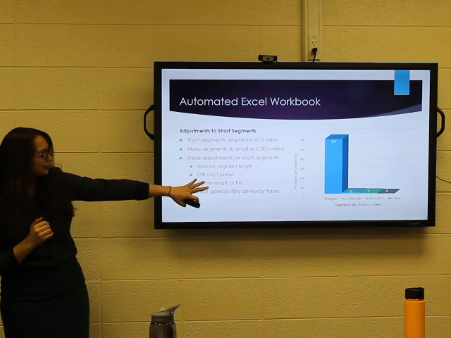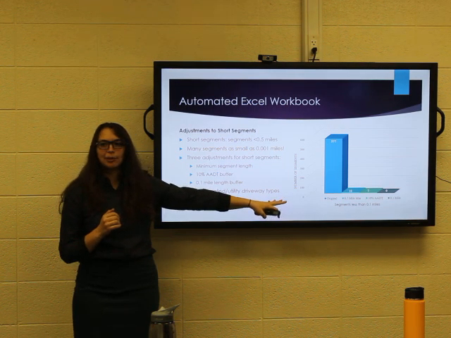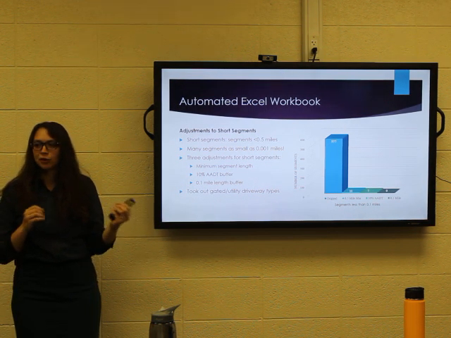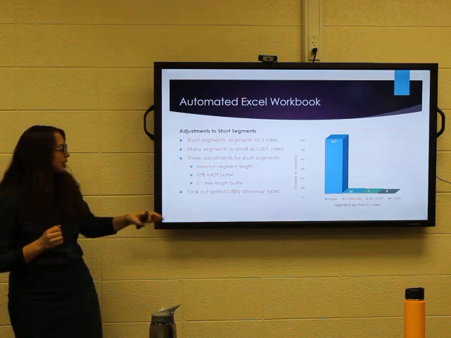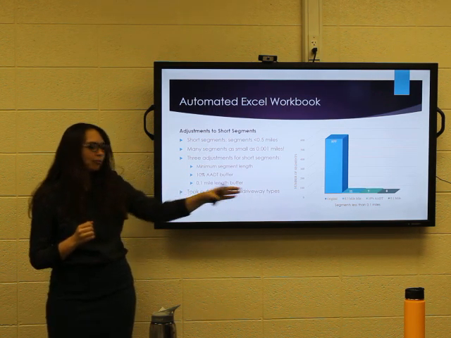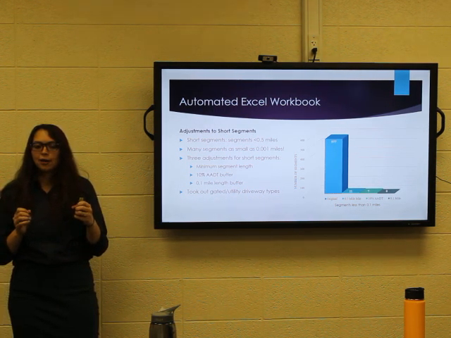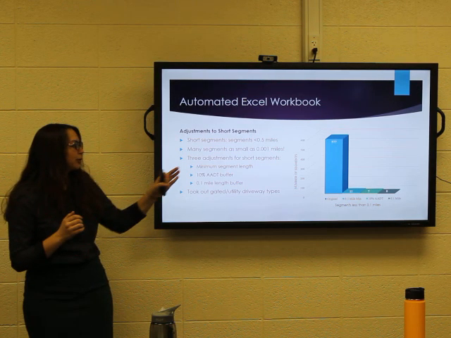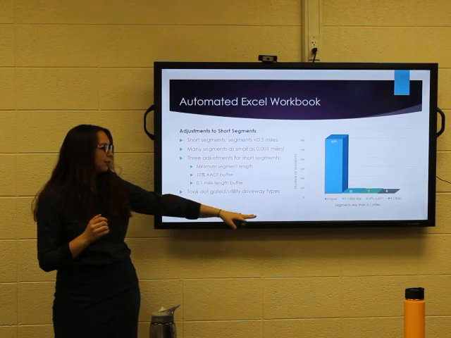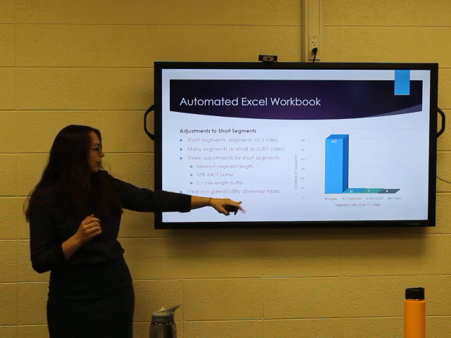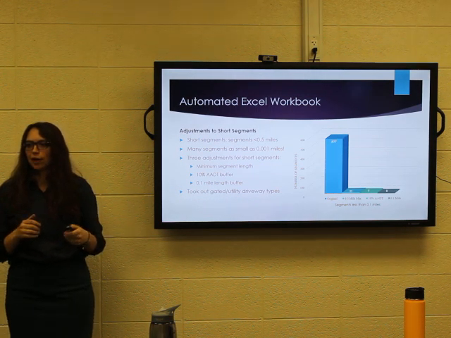This is a figure showing the segments less than 1/10 of a mile after each buffer was implemented. You can see our minimum segment length buffer of 0.5 miles was very effective in reducing segments less than 1/10 of a mile, and we were able to eliminate those completely with our final buffer.